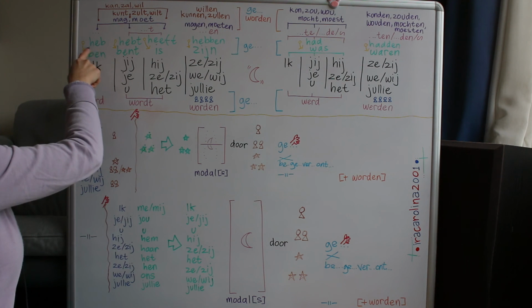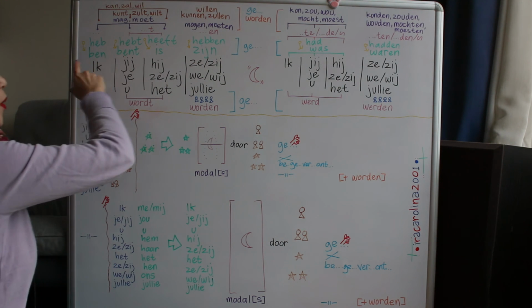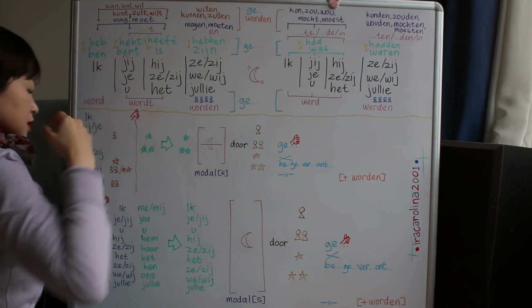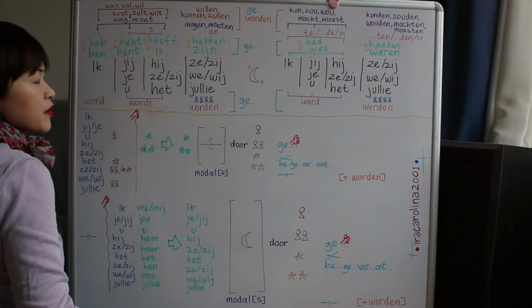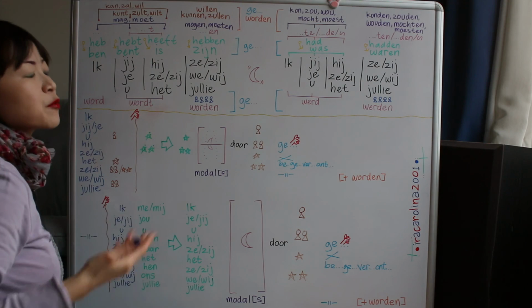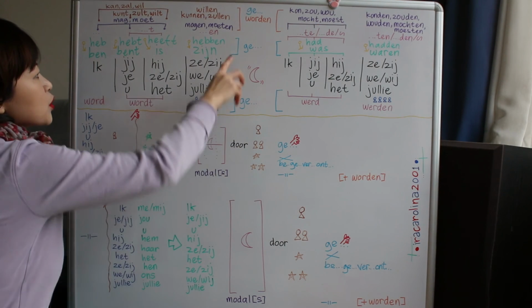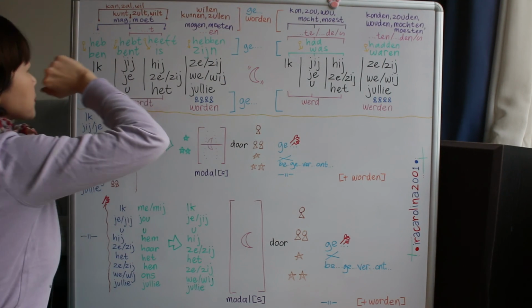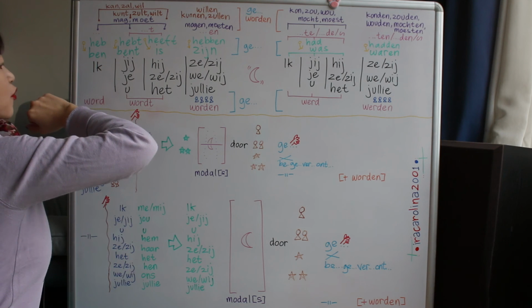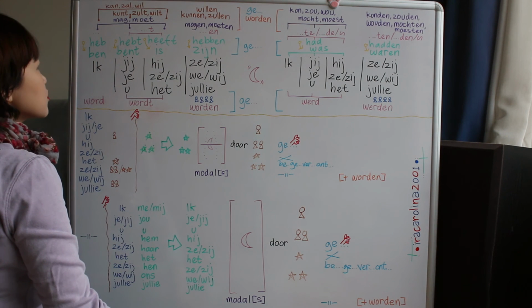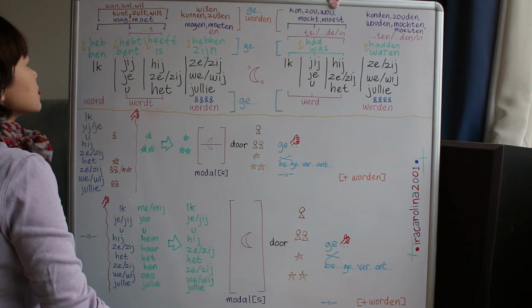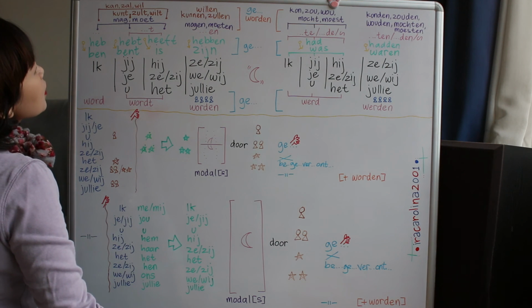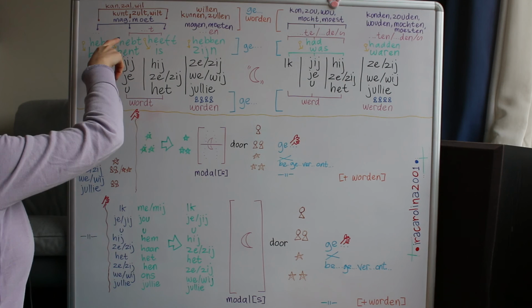With have or has and is, the Dutch version, after we put the is or has or have, we put the ge and then the verb. And we also have modals, which work like this.